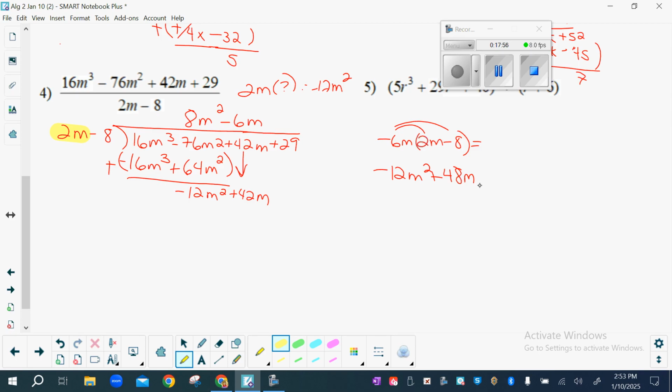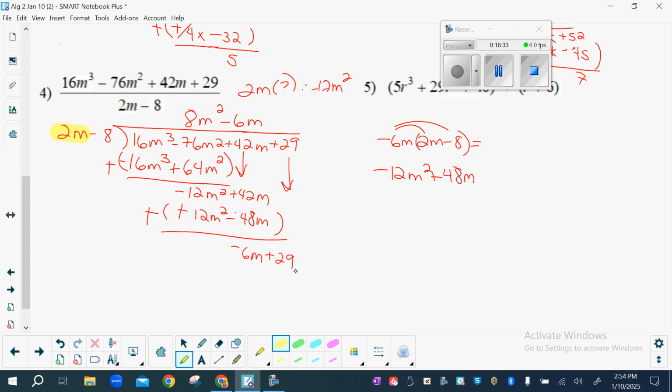Okay, so we get negative 12m squared plus 48m. And then we want to subtract, so we're going to distribute our negative, and we get plus and minus. So now we add them, and what do we get when we add them? Negative 6m. And then we bring down our 29.